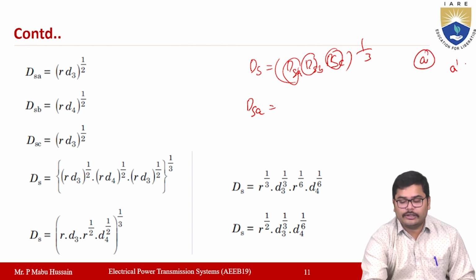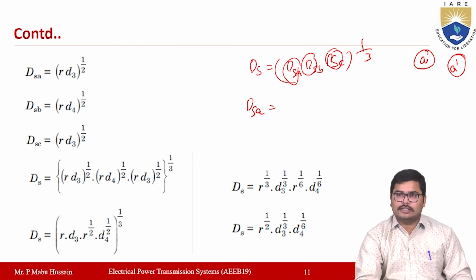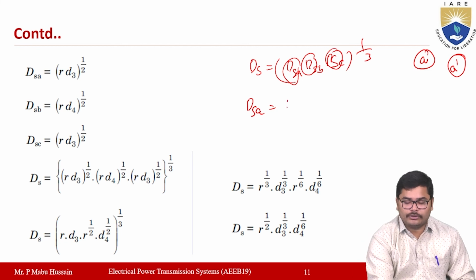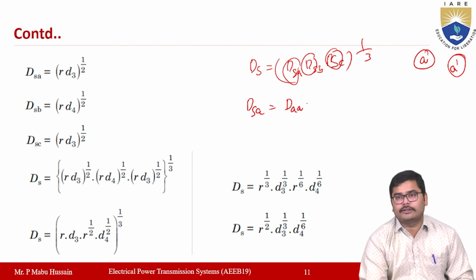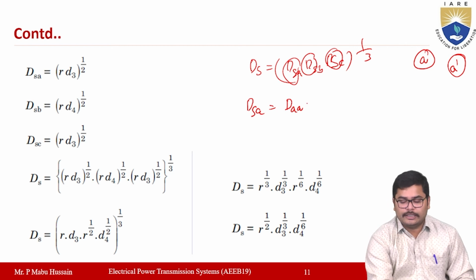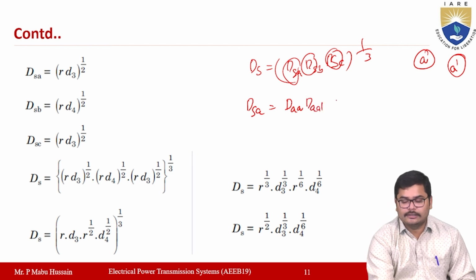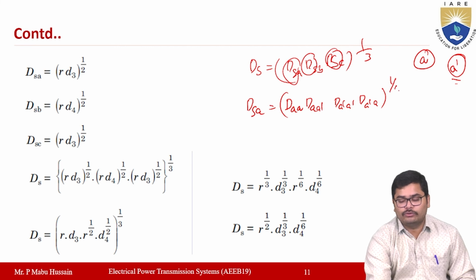Now you have to write all the distances by considering these two. If you consider A, the distance DAA, the self distance also considered, DAA dash. If you consider A dash, DA dash A dash, DA dash A, whole to the power of 1 by 4, as there are 4 terms.